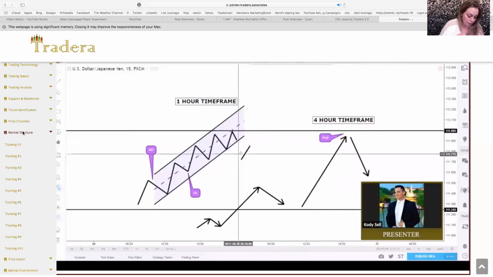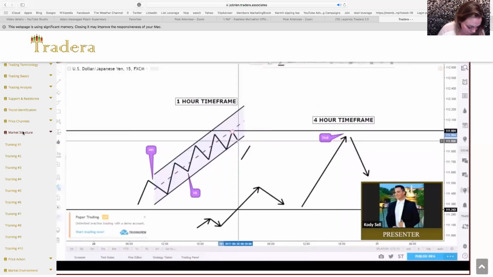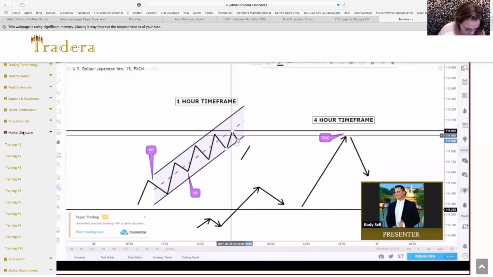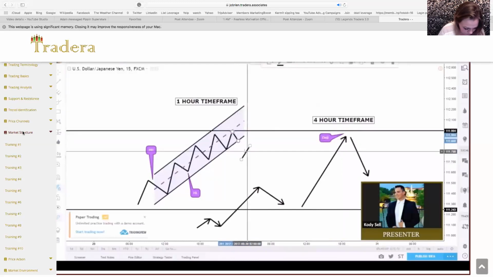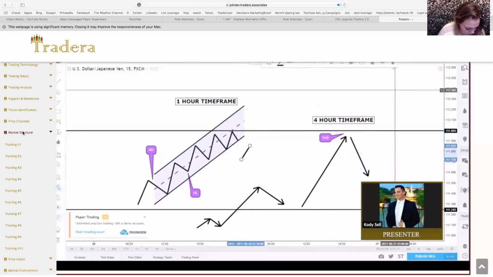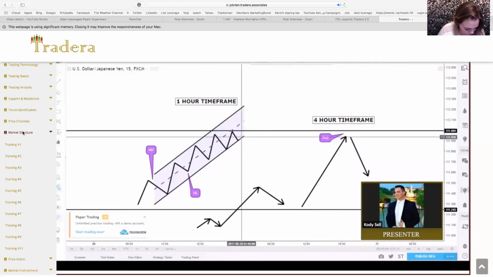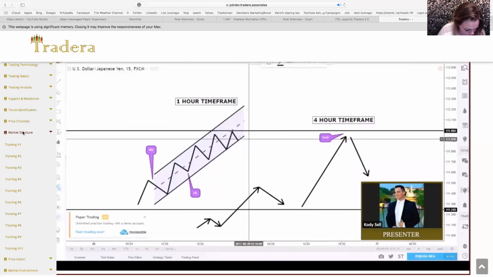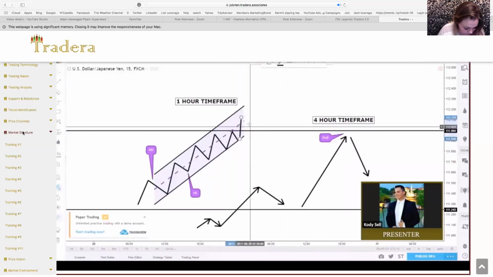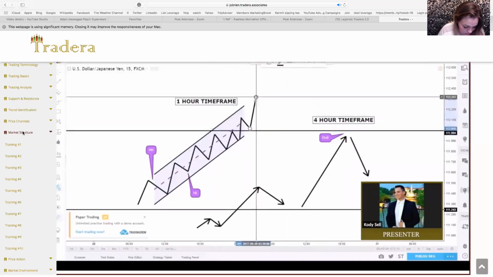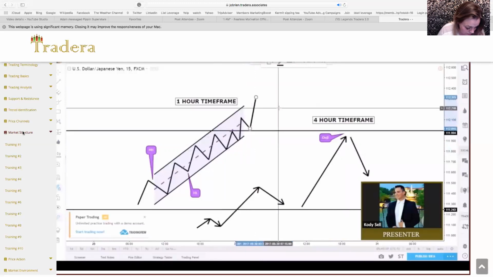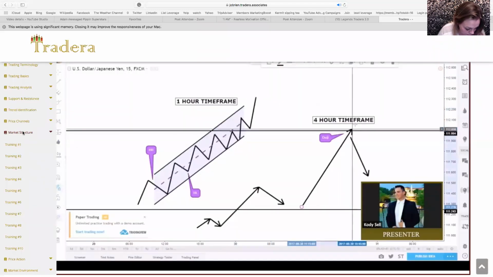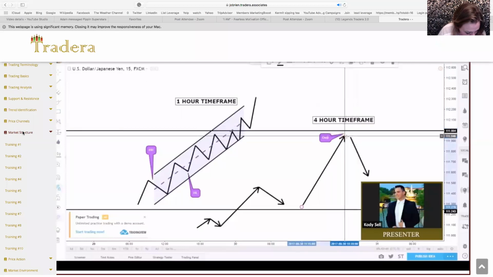Now, on the 1-hour time frame, price here would still be in bullish structure. So if you're going to sell in bullish structure, you are counter trend trading, which is much riskier, and you could still very likely see price break through this area and continue on to the upside to make higher highs on the lower time frame, which essentially means that your sell trade here on the 4-hour time frame would not work out and you would lose money.